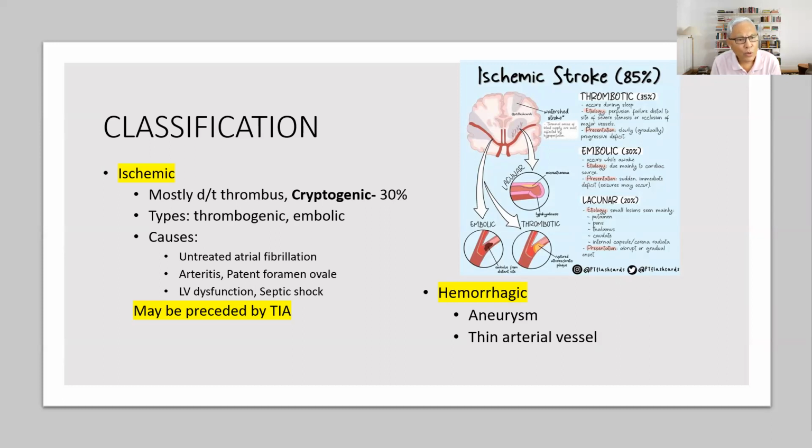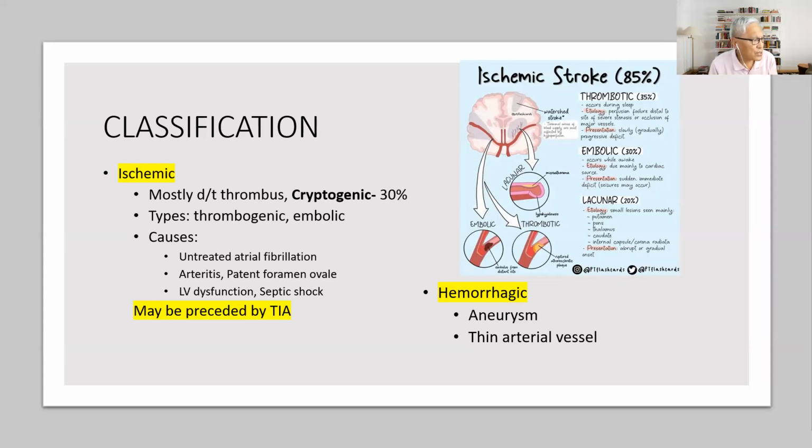There's also what is known as a cryptogenic stroke, wherein we do not actually know what causes it. In some instances this is something we really don't understand, and therefore it's called cryptogenic. But remember that ischemic stroke is more common: 75% of cases of stroke are ischemic.